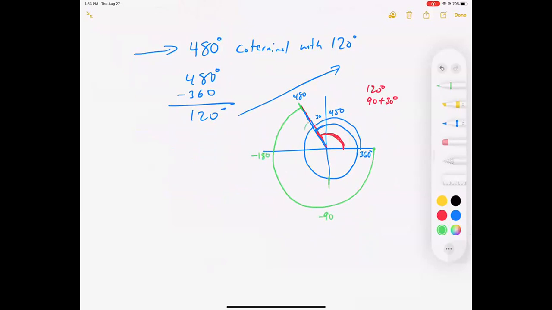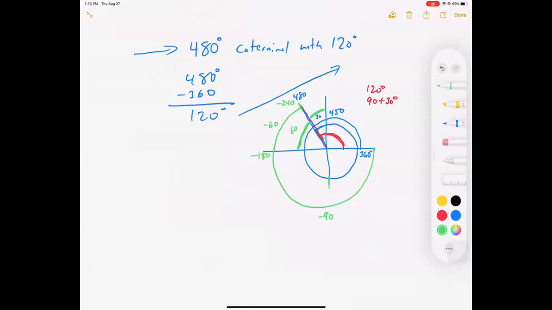And then we need what type of angle here? Well, if this was 30, this would have to be negative 60. So another 60 degrees, and we're at negative 240. Turns out negative 240 is also coterminal with 480 as well as 120 degrees.